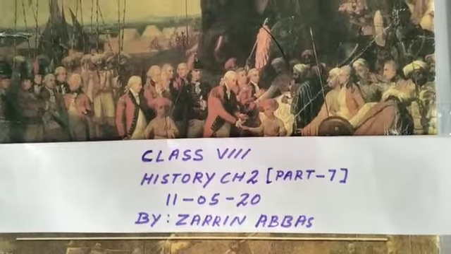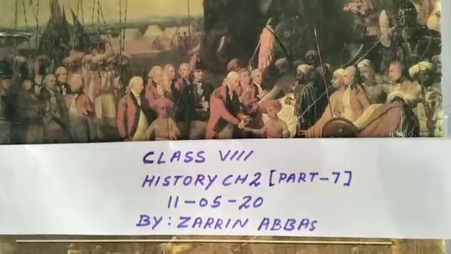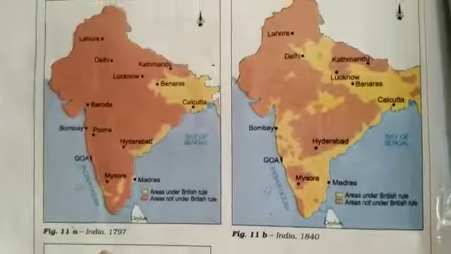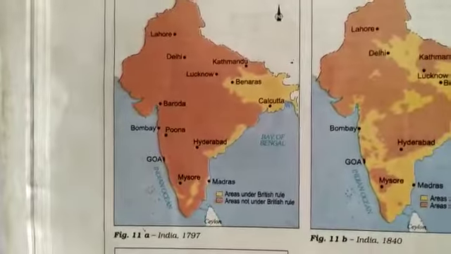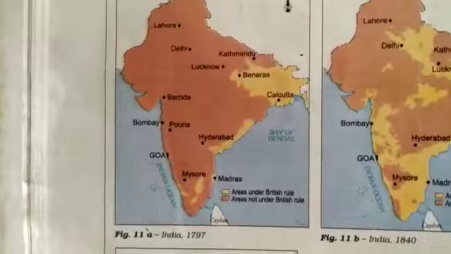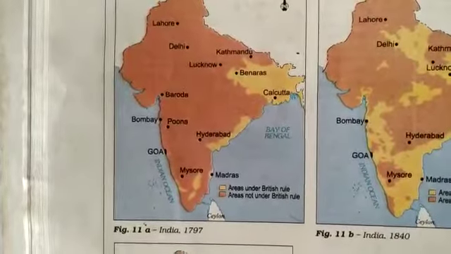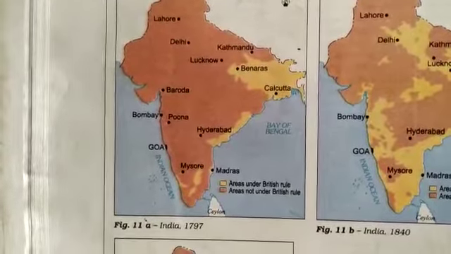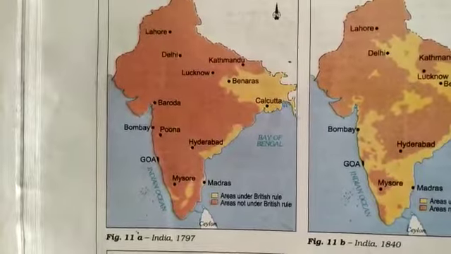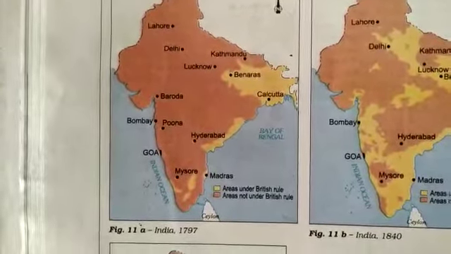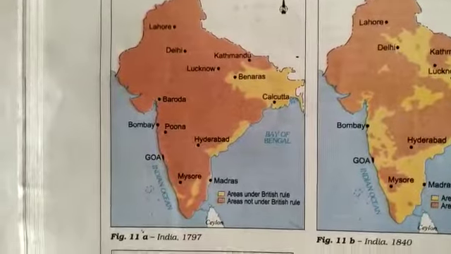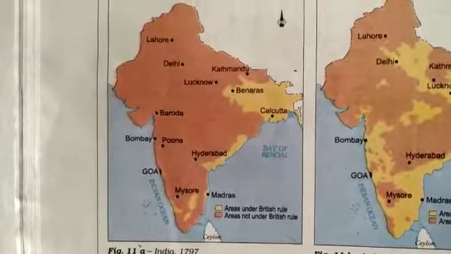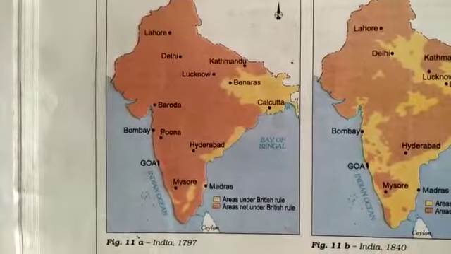Now, today, I first want you to focus on all these three maps given in your textbook. Let's see this first map. This is a map of India of 1797. The territories under the British rule are shown in yellow color and areas not under the British rule are shown with red color.